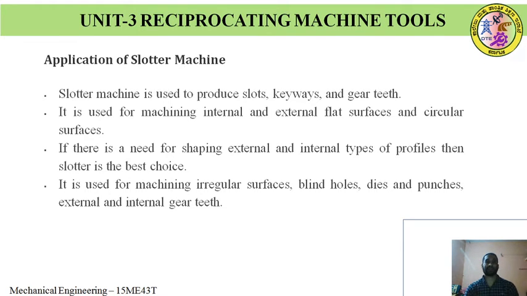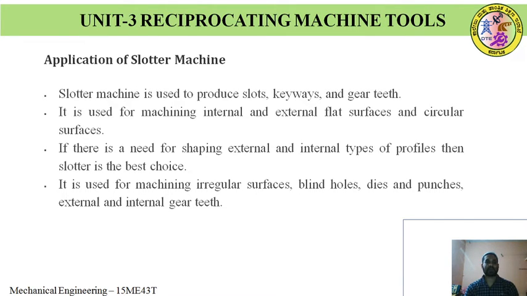Application of the slotter machine. The slotter machine is used to slot keyways and gear teeth. It is also used for machining internal and external flat surfaces and circular surfaces.